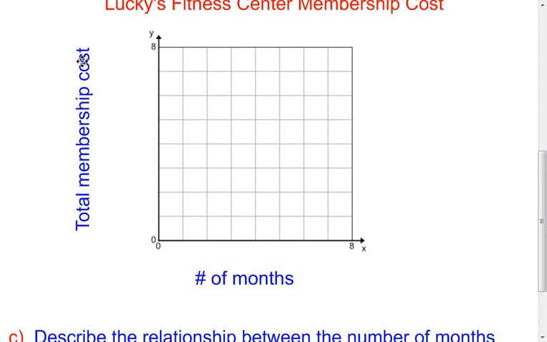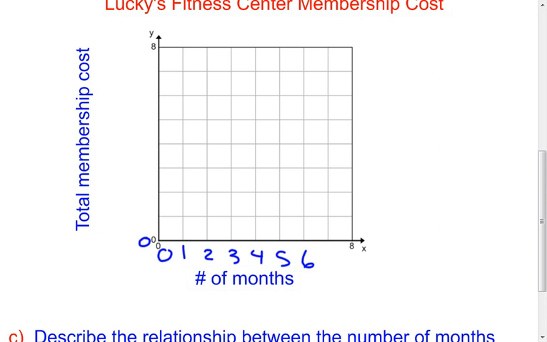Again, the tricky part is scaling your axes. So for the number of months, it's all pretty flat, and it just is going to go 0 months, 1 month, 2, 3, 4, 5, 6 months. Your cost is going to go from 150 up to 366, but remember your y-axis must start at 0. So you actually have to go from 0 all the way up to 366.